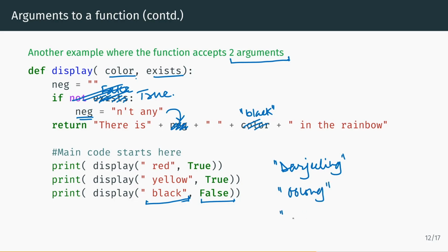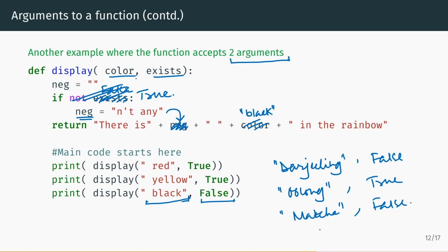I don't know, matcha, something, right? And you can pass it true or false, right? Which suggests, do you want it with sugar or not, right? So Darjeeling with no sugar, right? Oolong with sugar, matcha with no sugar, right?